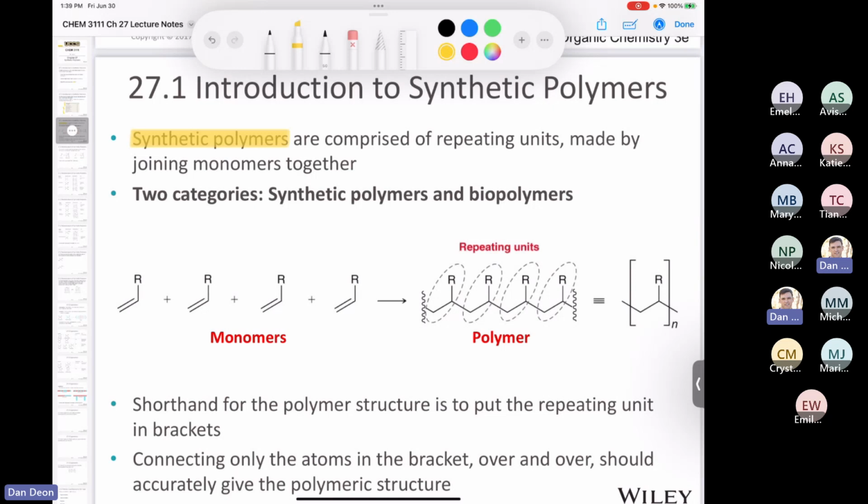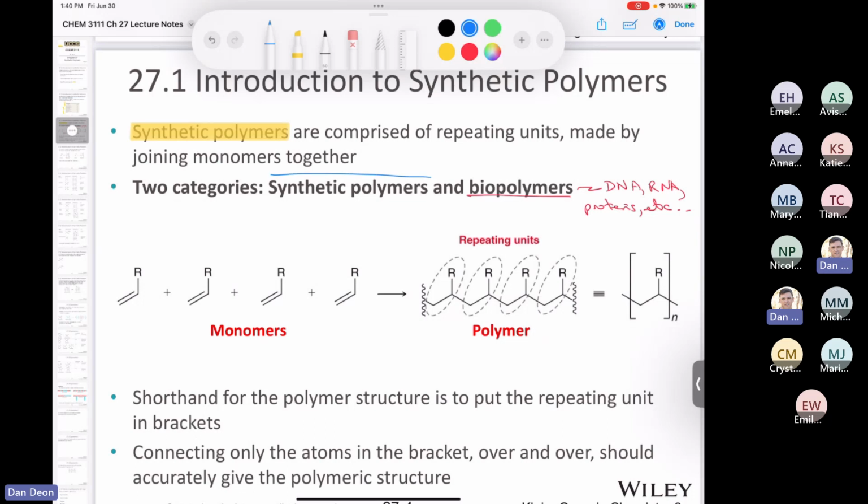And again, there's two categories, the synthetic and biopolymers. So we'll just put here biopolymers, just as a reminder, we'll put DNA, RNA, proteins, etc. Of course, polysaccharides fits in there. But what we're going to focus on in chapter 27 are synthetic polymers.